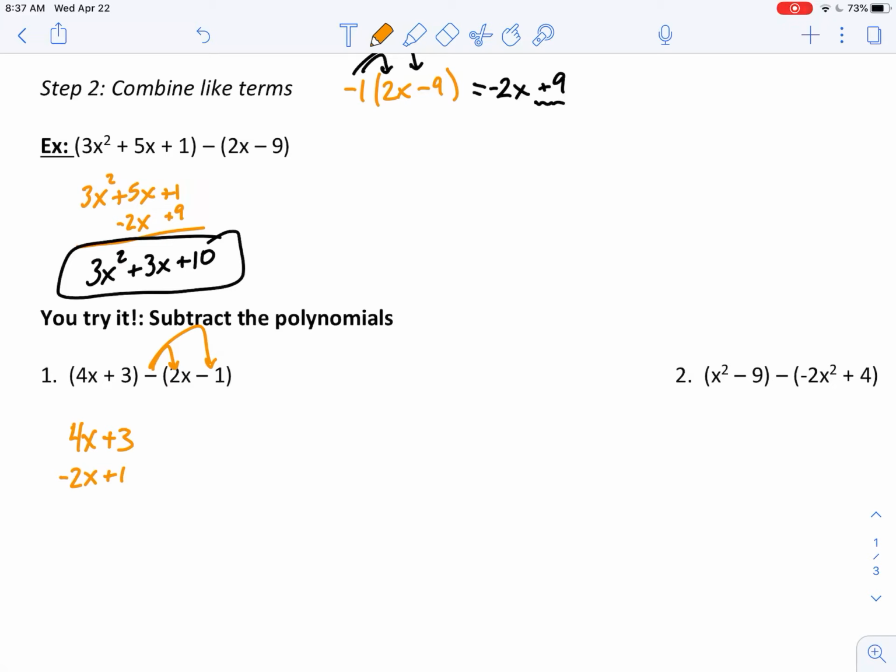So this leaves me with 4x plus 3, and now that 2x becomes negative 2x, because I'm subtracting 2x, and minus -1 is a positive 1. So when we add these up, 3 plus 1 is 4, 4x minus 2x is 2x.